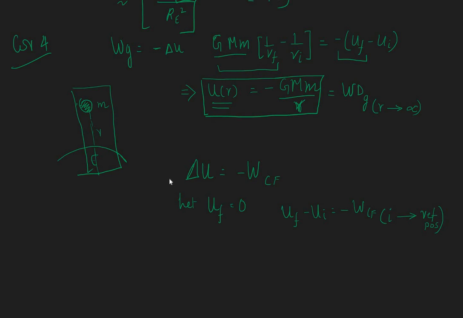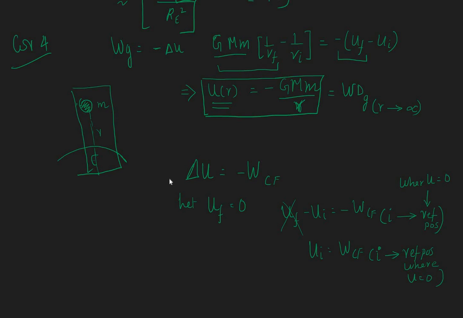A reference position is a position where U equals 0. In this particular case, that R can be infinity, so this goes away, and so your Ui equals the work done by the conservative force from a point i to the reference position where U equals 0.